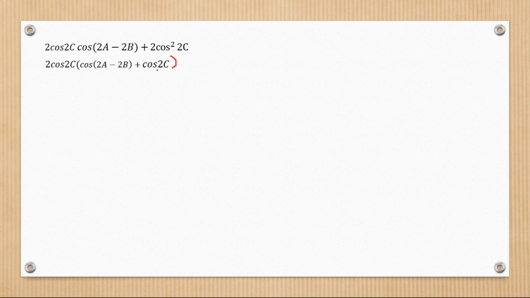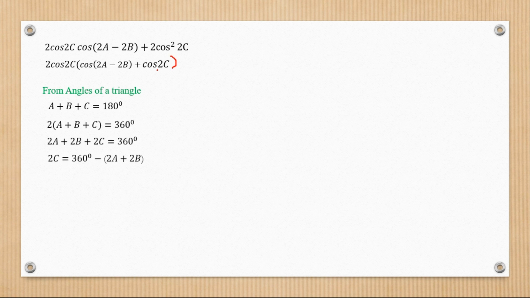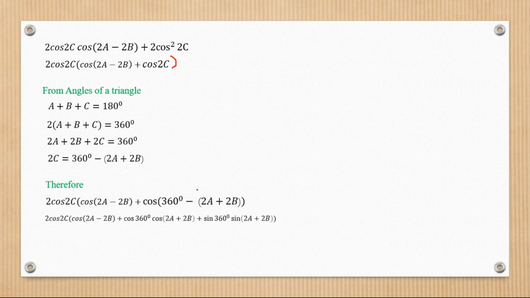How do we convert that? We also know from angles of a triangle that 2c is the same as 360 degrees minus 2a plus 2b. So when we substitute that back in where we have the cos 2c, we will have this expansion. Applying the rules of double angles here, that expands to that.